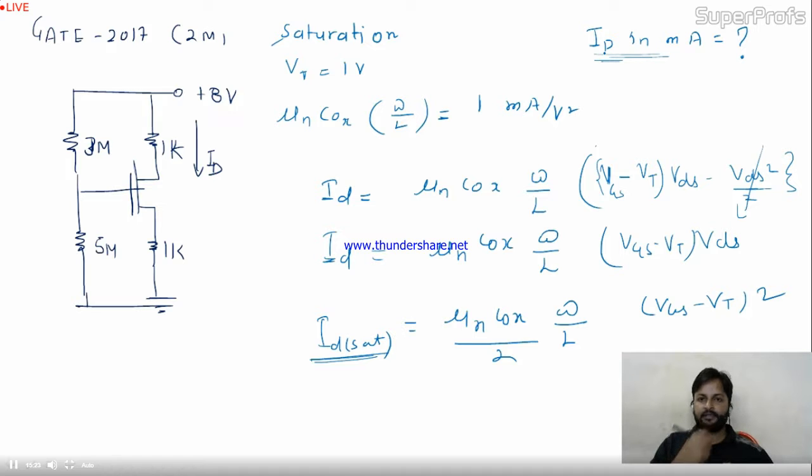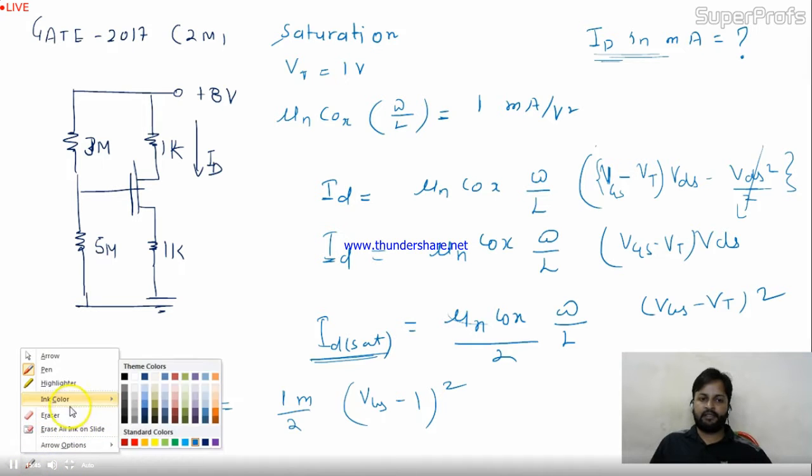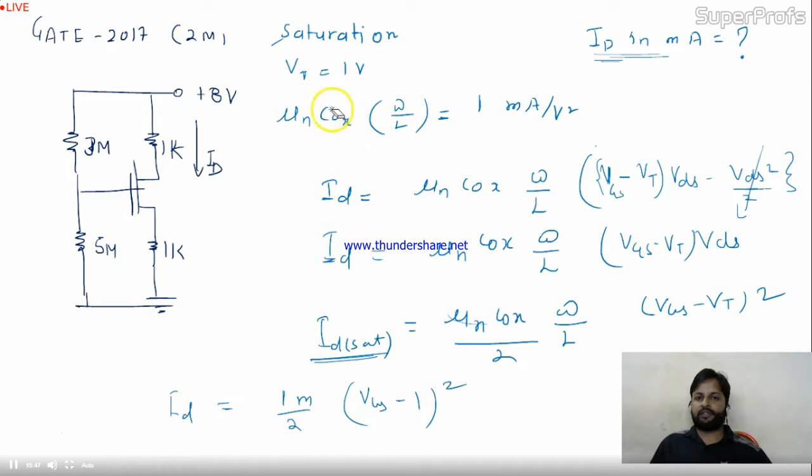IDSS is not given. So mu n COX W by L is given, 1 milli divided by 2. VGS minus VT, yes, we have, 1 whole square. And here ID. Easy, let me erase some part and then I'll solve it. I have used all these conditions, so I'll remove it, okay.